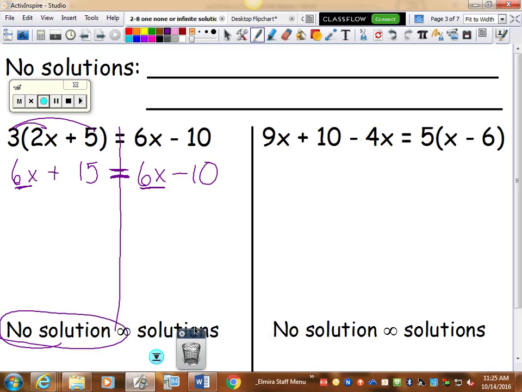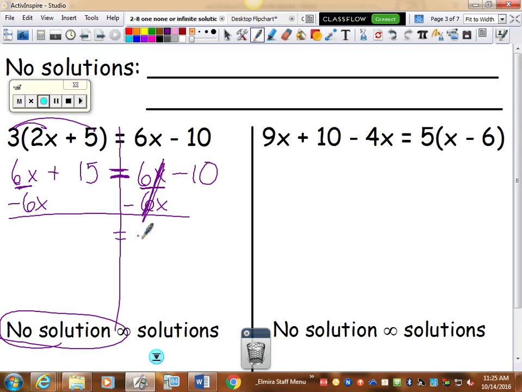No solution. All right? Like I said, you can stop at this point when you see variables match but constants don't. But if I kept going and I subtracted 6x to cancel here, I'd get a negative 10. But this 6x take away 6x would also cancel, and I'd get 15, equaling negative 10.